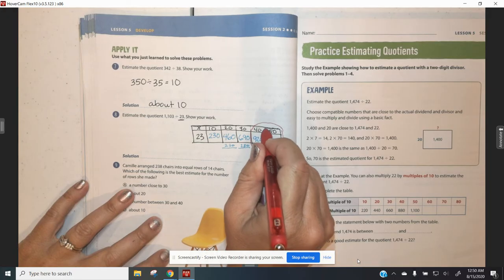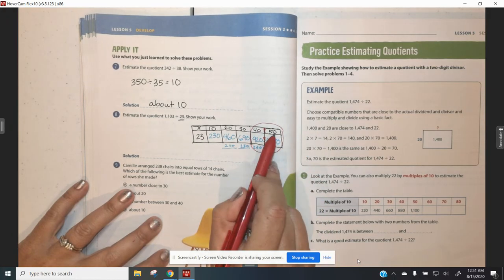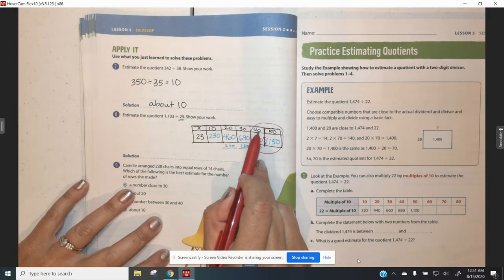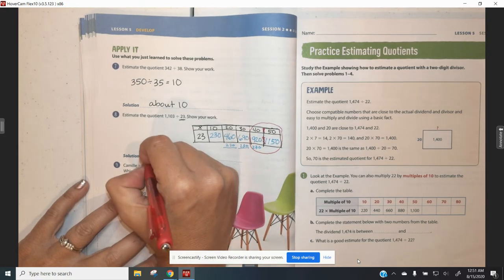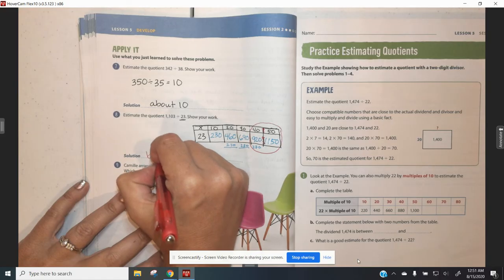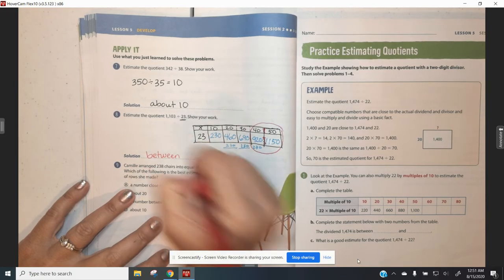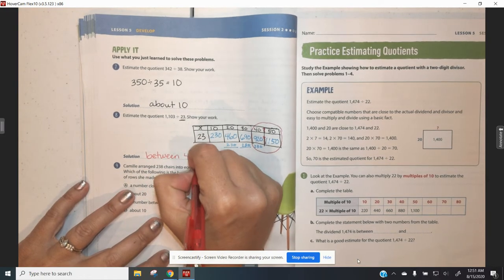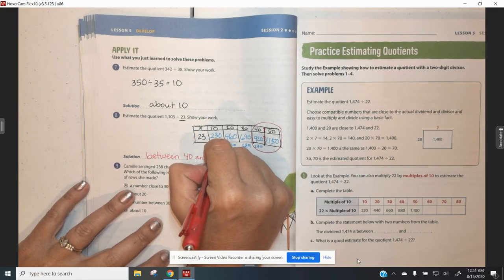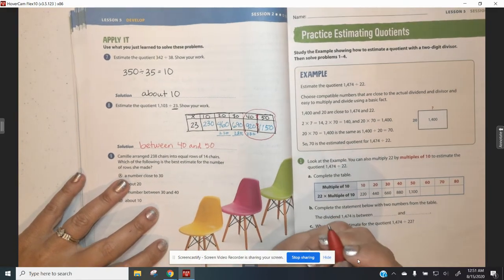So that means our answer is going to be somewhere between these two values. So we could say our answer is going to be between 40 and 50.